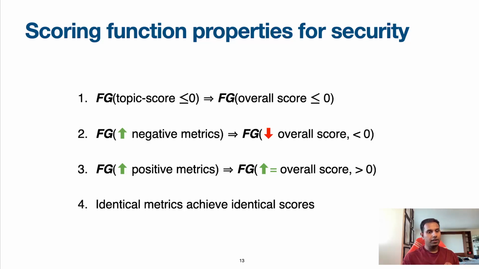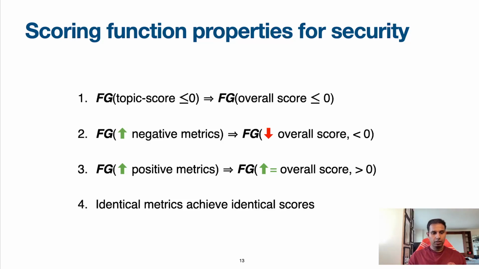Similarly, property 3 states that if after some point in time, the positive metrics of a peer start increasing, then after some time, it is the case that the overall score for that peer should increase and eventually it has to go above 0. Remember, the score is what informs us about a peer's behavior.